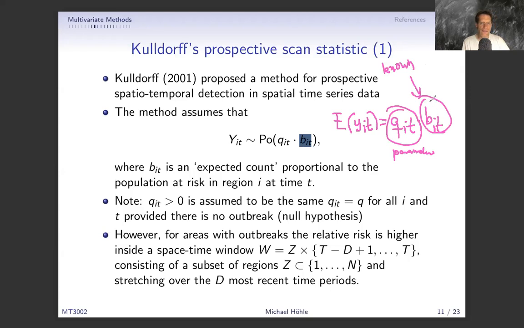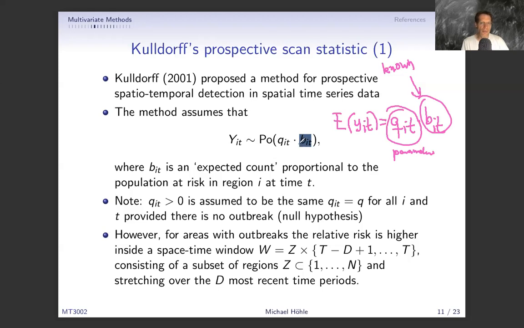And what is important is, of course, that this q_it, which we will call the relative risk, if q_it is larger than 1, then the expected number of cases of Y_it will be larger than b_it. If it's smaller than 1, then it will be smaller than b_it, and if it's 1, then the expected value will be equal.